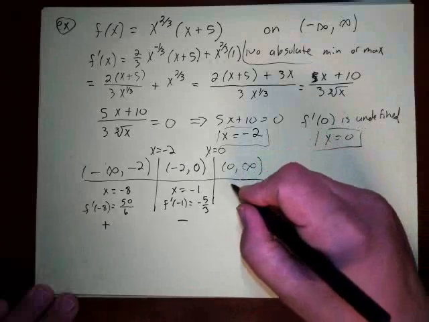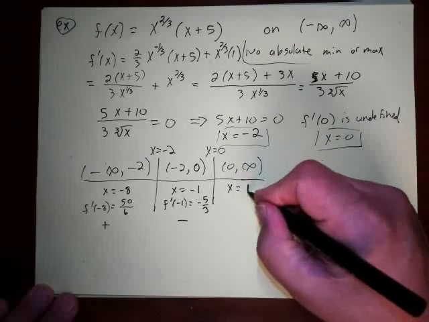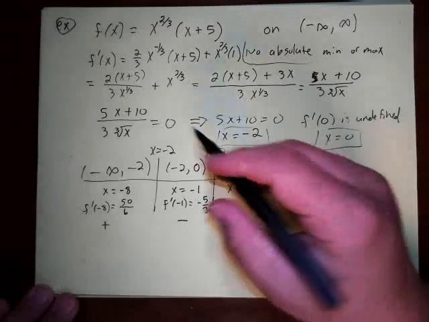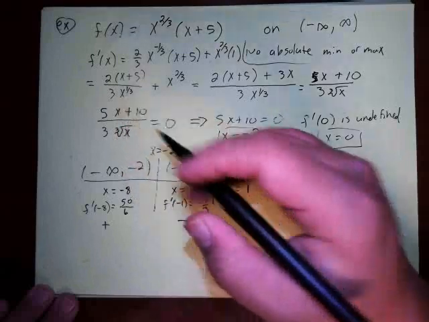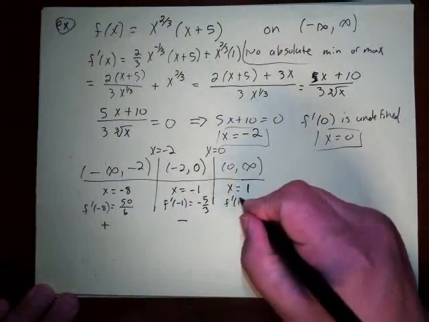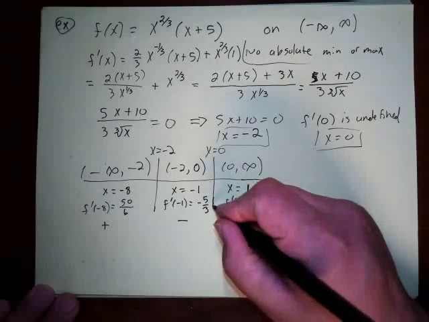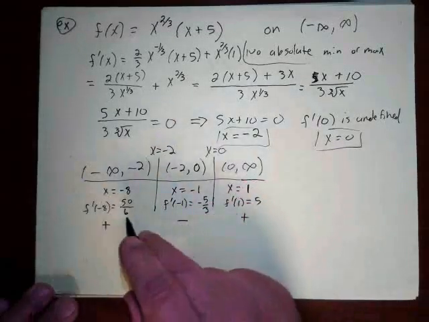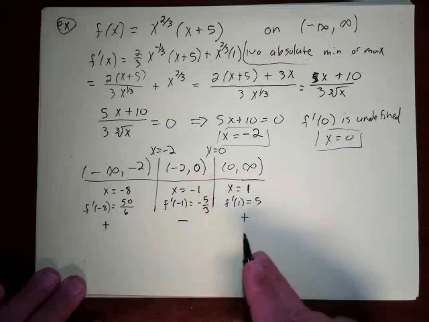And then here, I'll just put in x equal to 1, because 1 gives you a cube root down here. So it'd be 15 over 3, which is just 5. So f prime of 1 is equal to 5, and that's positive. Okay, so what you see is the derivative is positive, and then negative, and negative, and then positive.